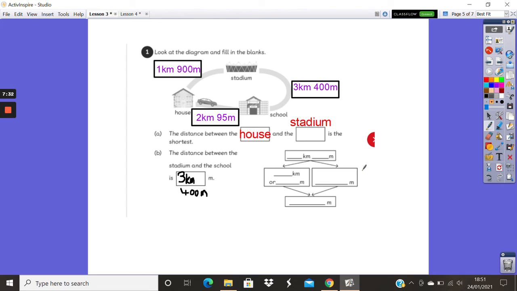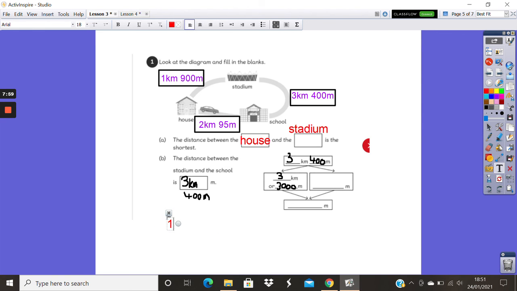Okay, so then you've got this grid here again, which is where we put our kilometres and metres in. So we've got 3 kilometres up here, 400 metres here. Then we're going to split our kilometres up. So we've got 3 kilometres or 3,000 metres, okay, because in 1 kilometre there are 1,000 metres.